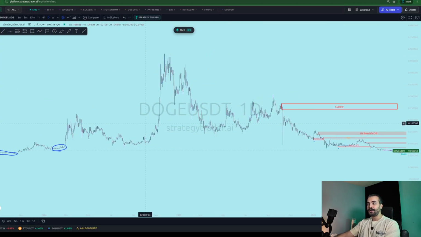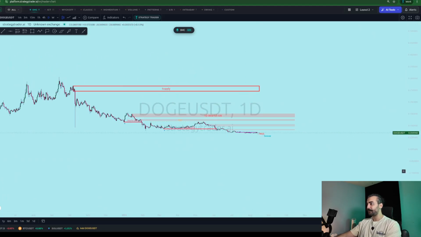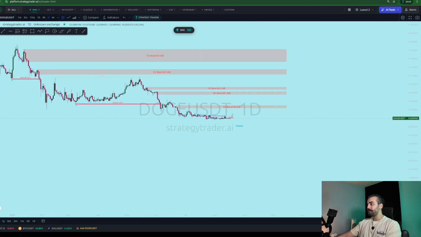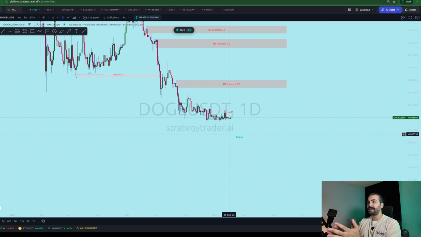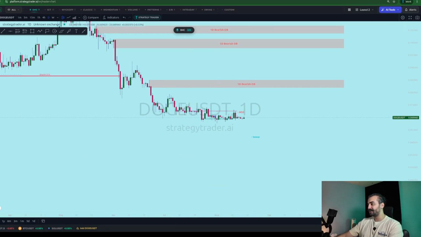But right now, you can see that it is trying to make higher highs, and it is trying to grab as much liquidity as possible. It's trying to accumulate as much as possible. So these are good levels to buy Dogecoins. Again, not financial advice, but if you're looking into it, if you want to consider it, or if you want to talk to a professional, these can be good levels that you can consider.